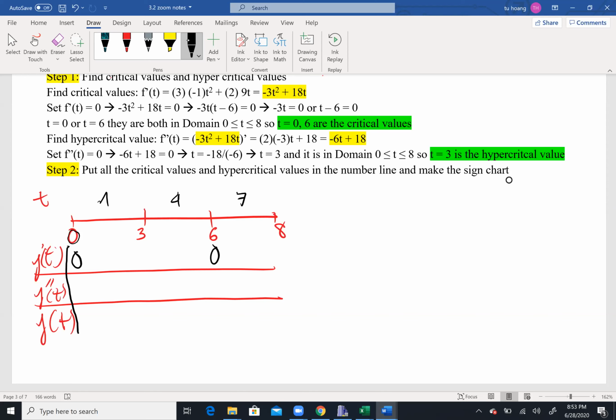You can check for the critical values, right? The critical values are 0 and 6 that make f derivative of t equal to 0. So I put f derivative of t equals 0. And for the hypercritical value, when t equals 3, that makes f second derivative of t equal to 0. So I put down this equals 0. Actually, I don't even need to separate this.